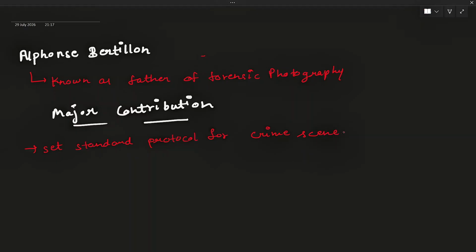Standard protocol for mugshot photography.